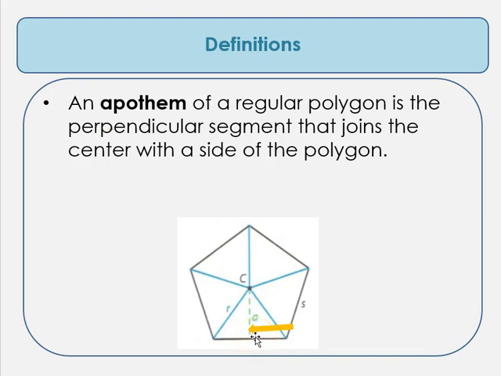This will get confusing as we start working with our area formulas, because in the past we've used small a to be alternately altitude, and the a from a squared plus b squared equals c squared. So it's important that you understand the concept of the polygon and actually use the word apothem when you're working with these.